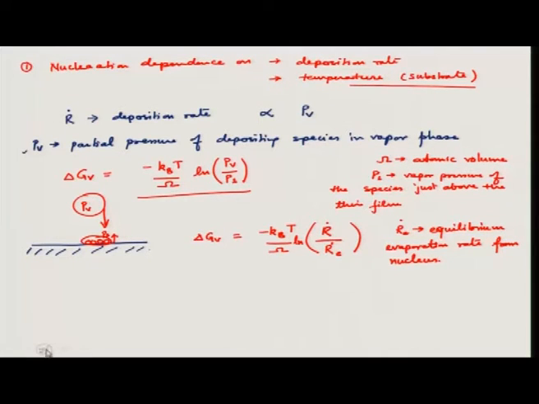Now, for simplicity, we can also assume that my substrate is inert, okay. So, basically what we are saying is that gamma Fs between film and substrate is same as gamma Fv, okay. This is an assumption, okay, to carry forward our calculation, okay.